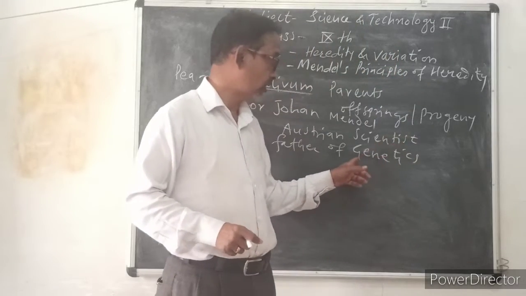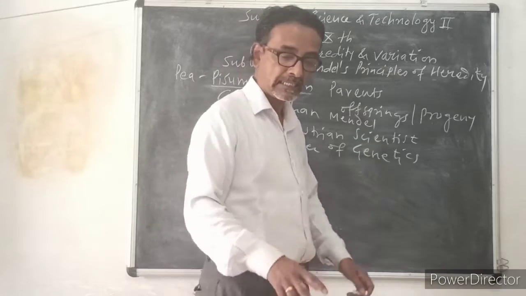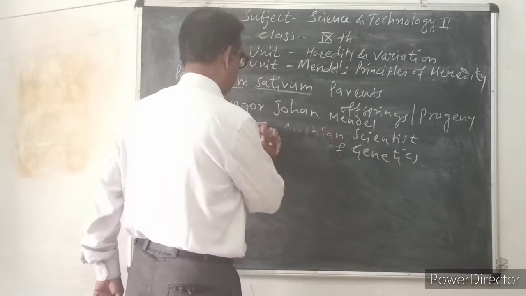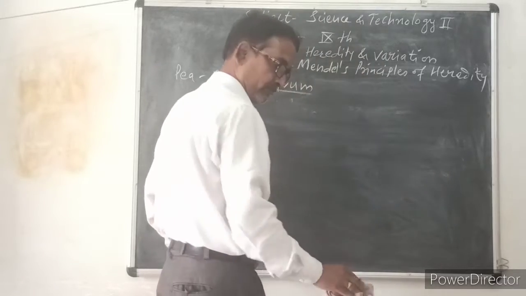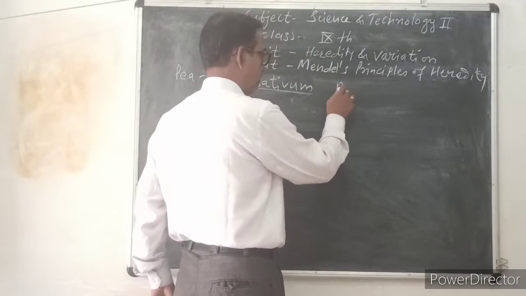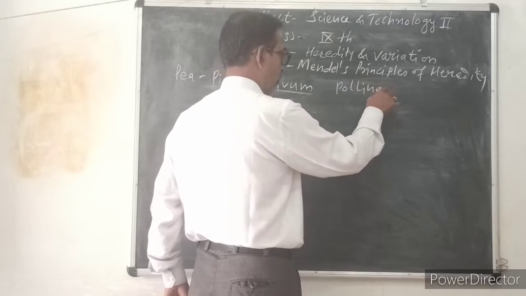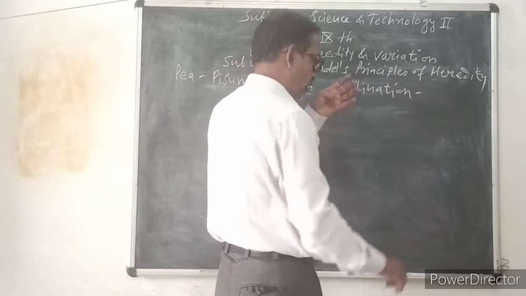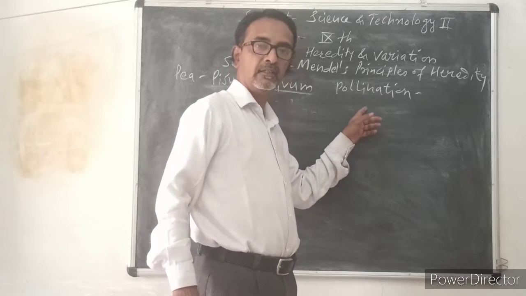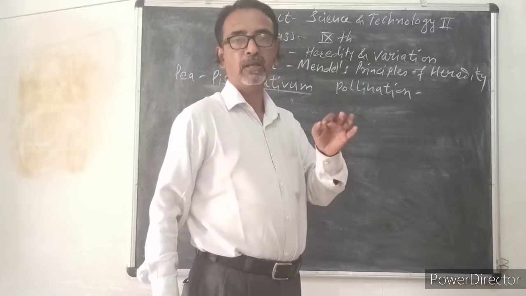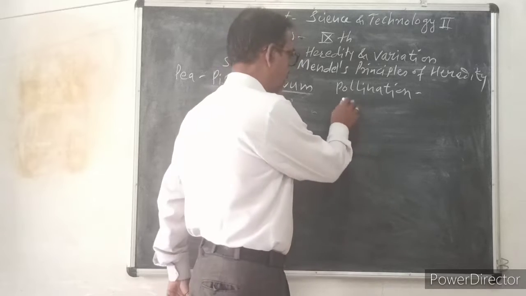Pisum sativum is a self-pollinated plant. What do you mean by pollination? All of you know pollination. Pollination is the transfer of pollen grains to the stigma of the plant.